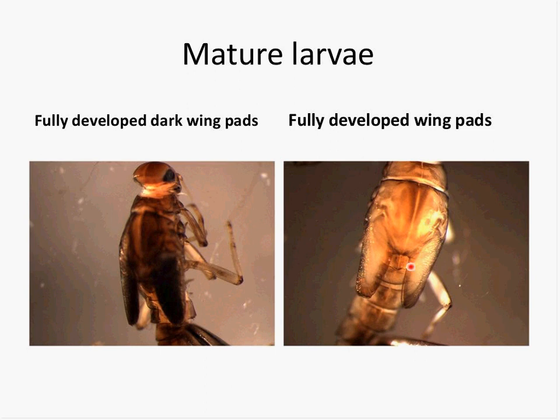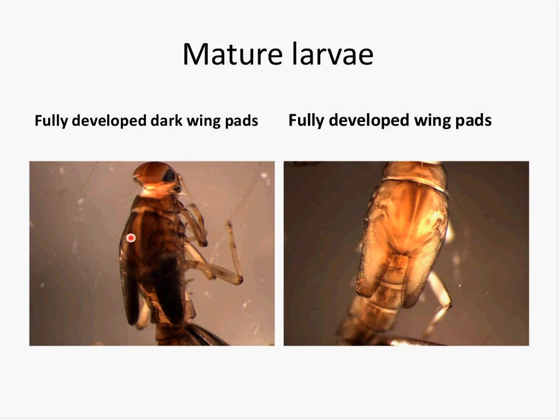You can see how the wing pads are very, very large in relationship to the body, and if you look here carefully, you can actually see the developing wing inside.